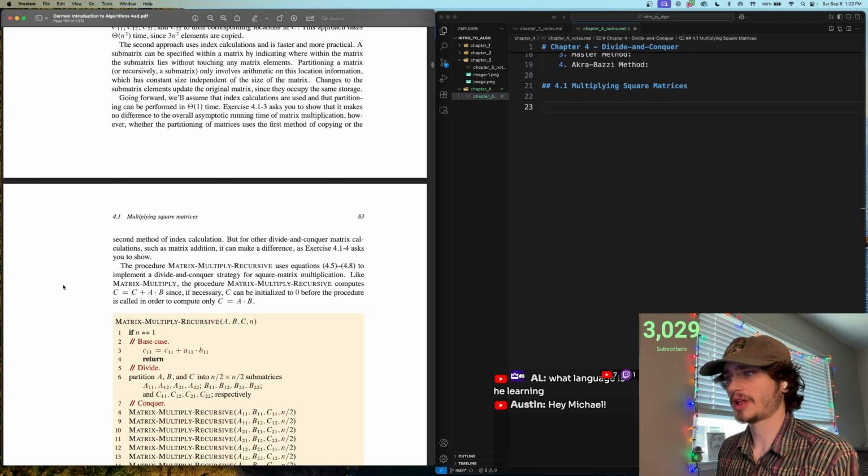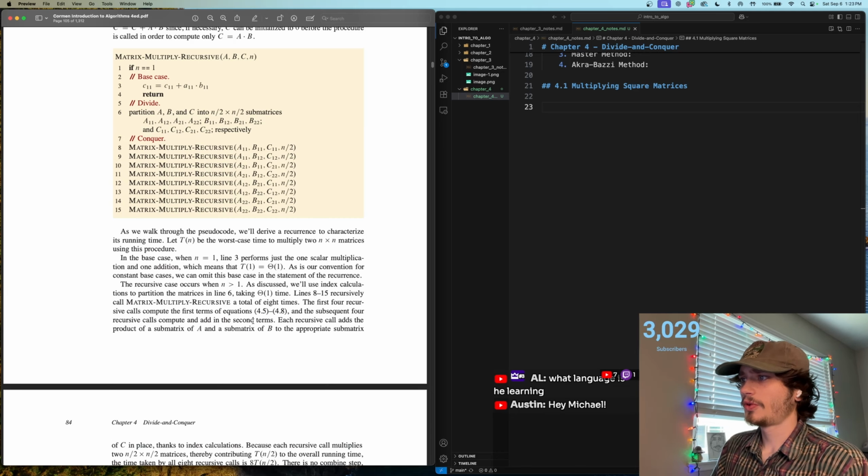Like matrix multiply, the procedure matrix multiply recursive computes C equals C plus A times B, since, if necessary, C can be initialized to 0 before the procedure is called to compute only C equals A times B. As we walk through the pseudocode, we'll derive a recurrence to characterize its running time.